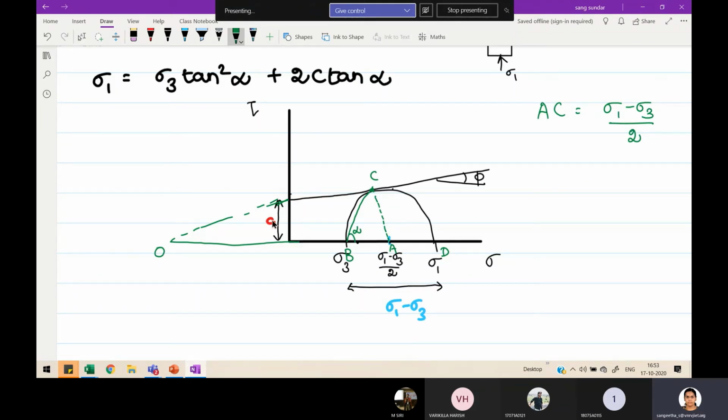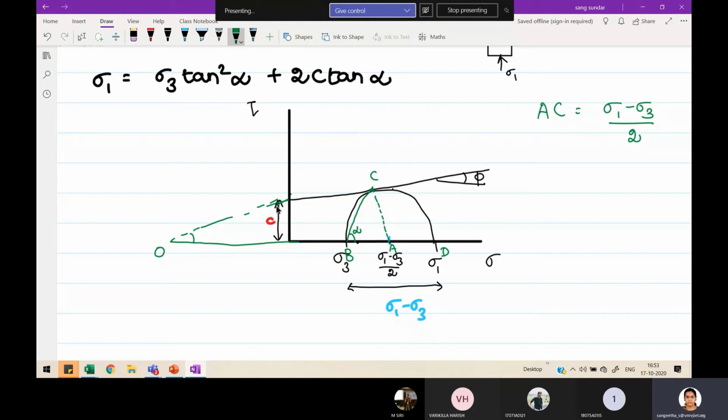And now tell me, this is C. If this angle is phi, how much is the angle over here? What is phi actually? Phi is the inclination of this line with respect to horizontal. Then how much is the angle over here? The same phi only.